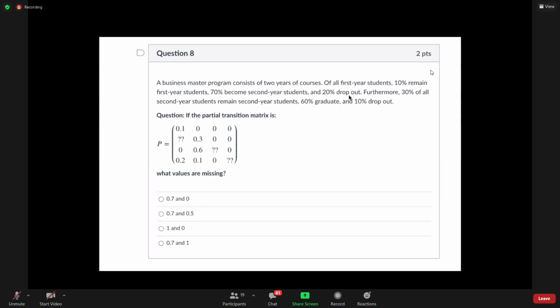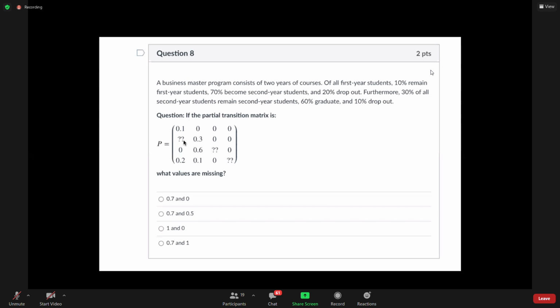How? First year students, so first column, 10% remain first year students. So the first line of the matrix represents the number of people who have to repeat the first year. So 0.1. The second line will represent 70% become second year students. So these are people who are second year students or who remain second year students.